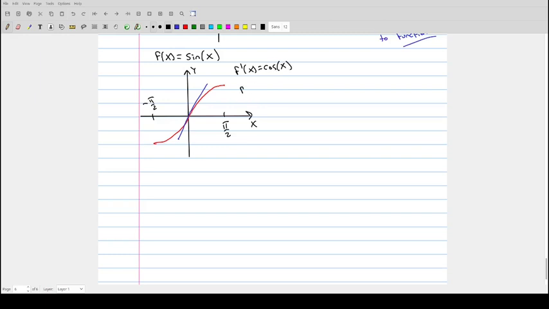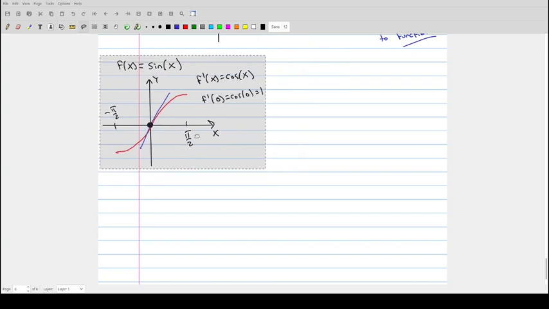F prime of 0 is cosine of 0, or 1. So the slope of the tangent line to this function at this point is 1. It's differentiable, and the closer you get, the closer this tangent line approximates the function.